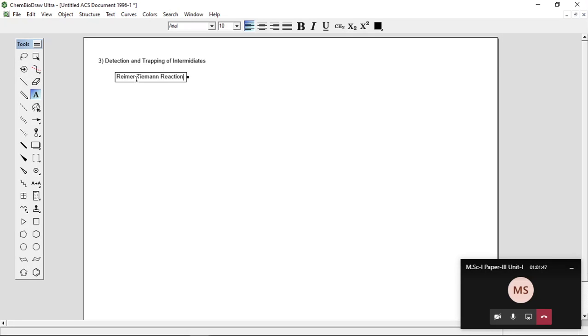The Reimer-Tiemann reaction. So in the Reimer-Tiemann reaction, an aromatic compound having an activating group like OH or NH2 is reacted with chloroform in presence of KOH, and you will get an aromatic aldehyde as a product.